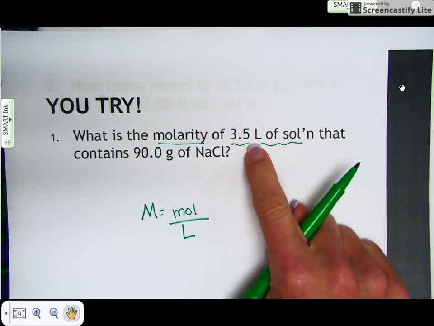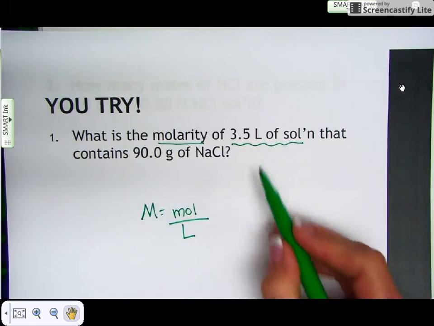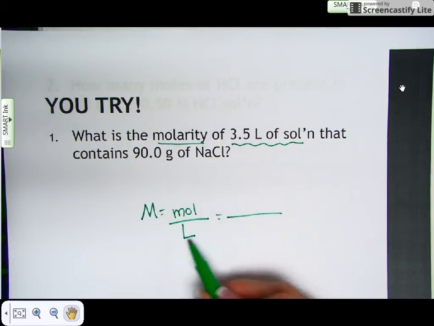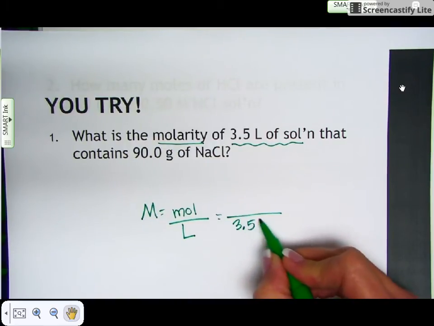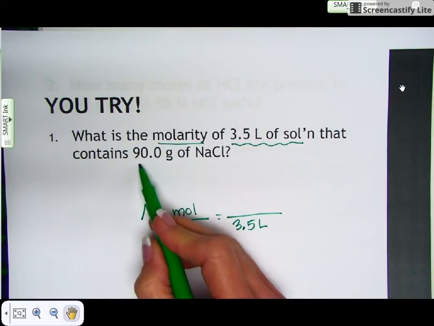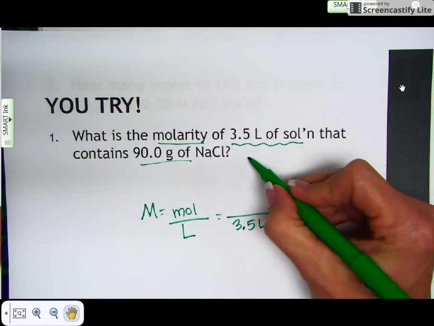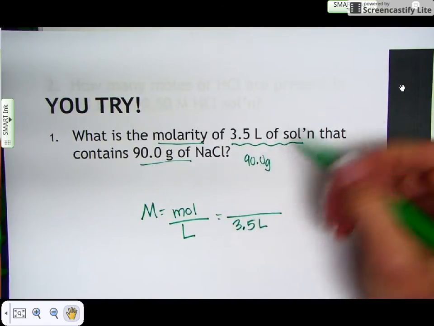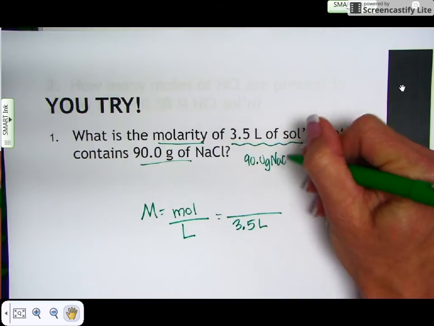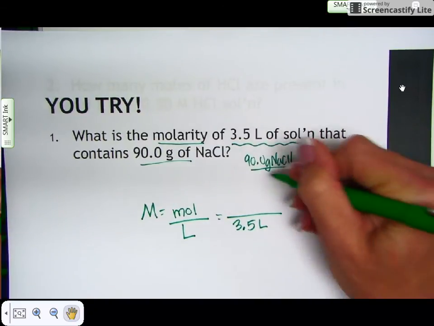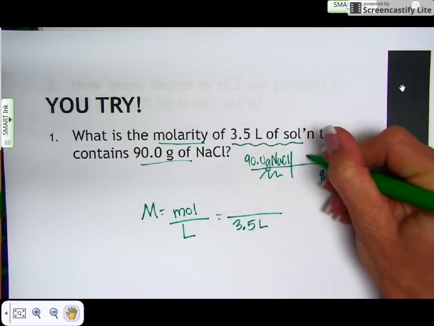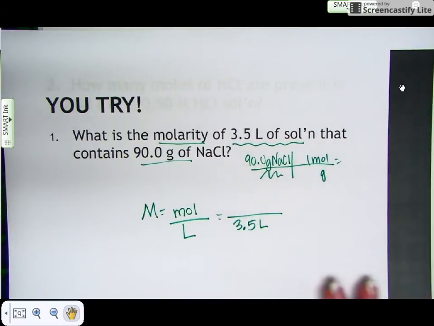Again, we know the volume of our solution is 3.5 liters, so we can go ahead and plug that into the denominator, 3.5 liters. But as in the last problem, they gave us grams of solute, so we need to convert 90.0 grams of sodium chloride to moles of sodium chloride.